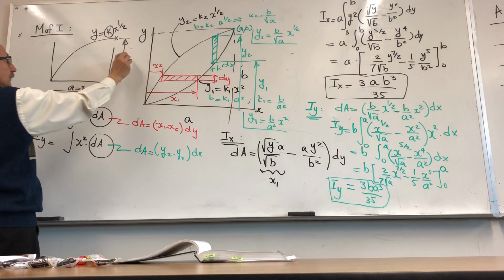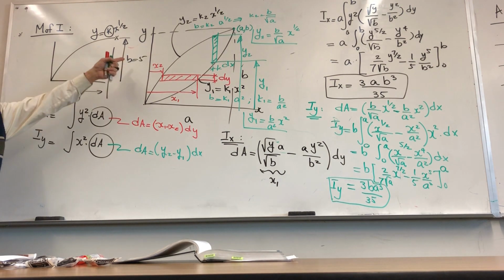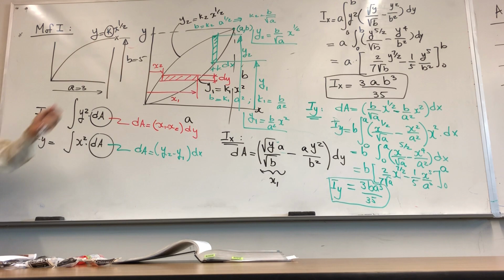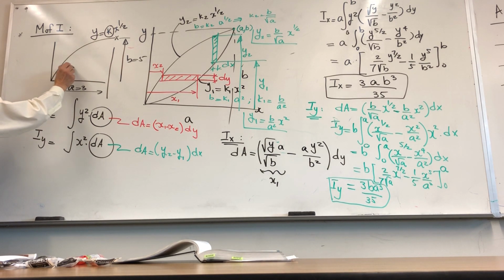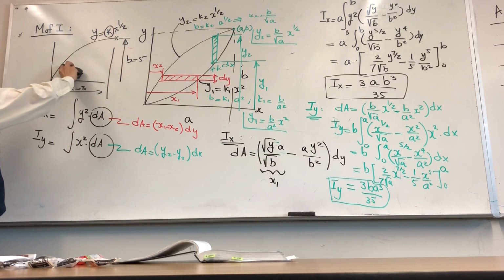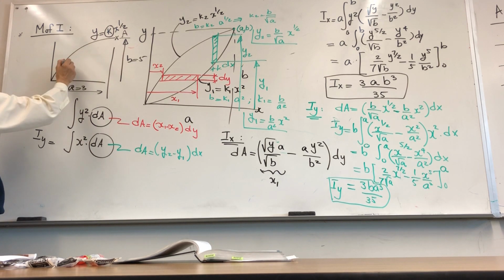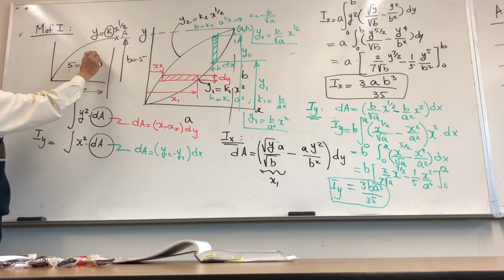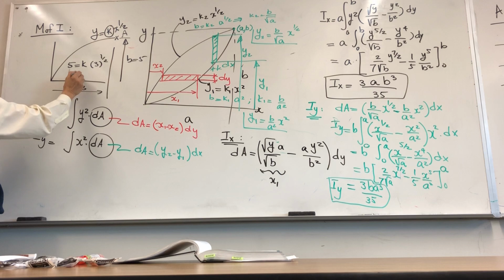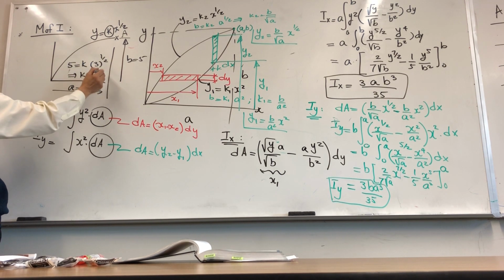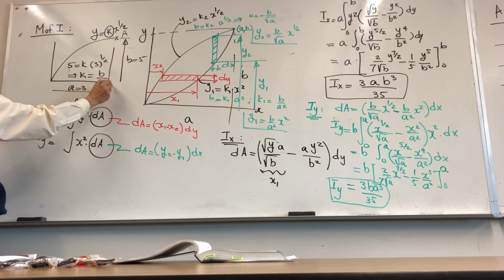Let's say this is 3, this is 5. So you can find the unknown parameter and write the specific form of that function. So at this point a, y is 5, x is 3, so that will give you k. But in this case it was in terms of b and a, so that would be just that.